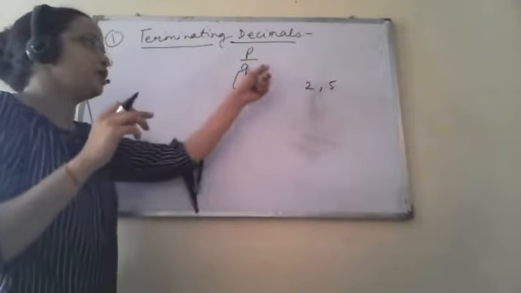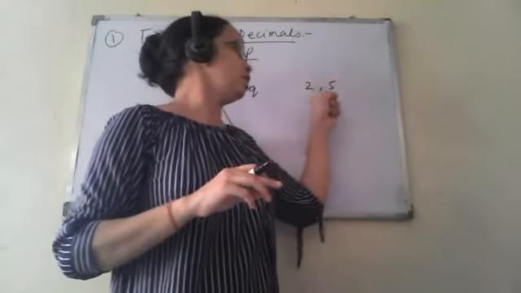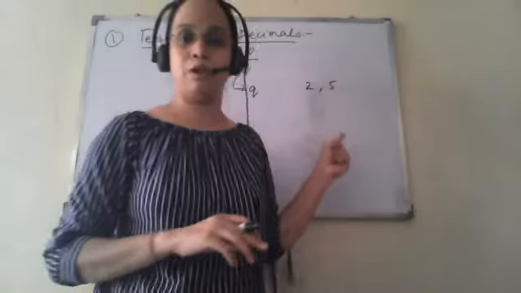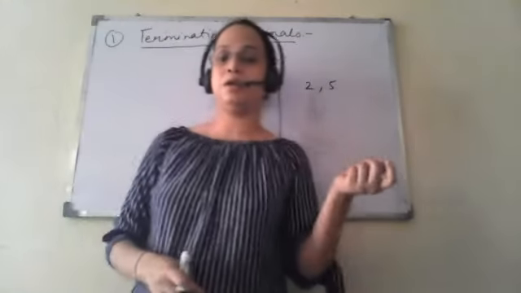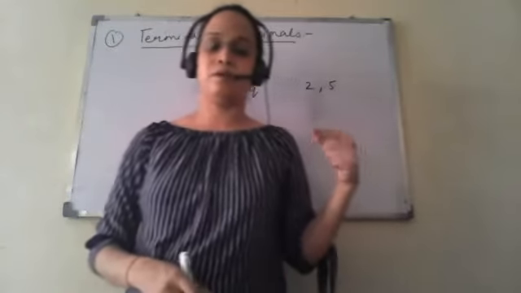If we do the prime factorization of q, it will come in terms of 2 and 5. If any other digit apart from 2 and 5 appears, that will not be a terminating decimal.